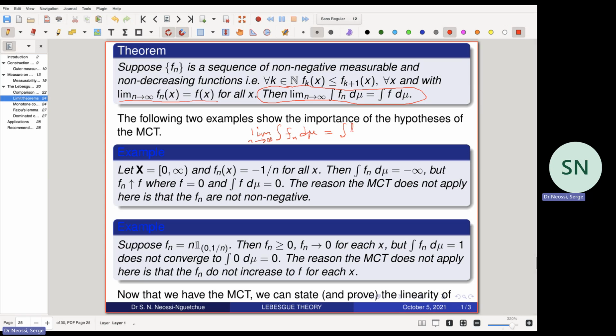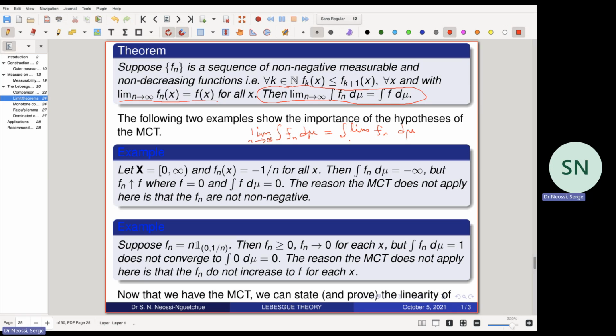So if you replace, we have the integral of the limit of the fn dμ. So you see that if we read on both sides, actually we are taking the limit under the integral. Or conversely, if we read from right to left, we can say that we are taking the limit out of the integral. So either we are taking it inside or outside, they're equivalent. So this is what the monotone convergence theorem gives us.